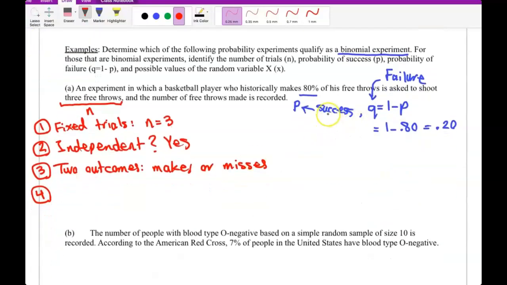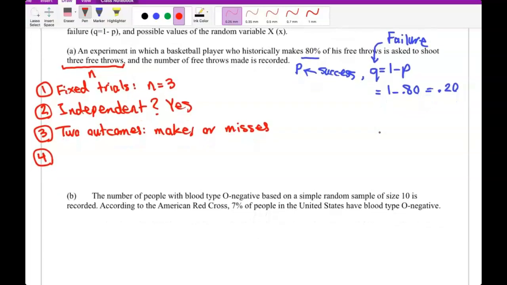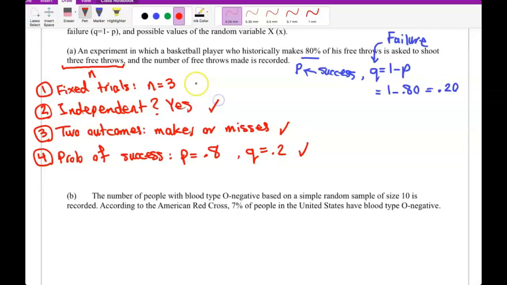Probability of success was based on what was given, 80%, and for failure we got 20%. So P is equal to 80%, and based on that, probability of failure is 20%. So we passed all these, which means this is binomial.